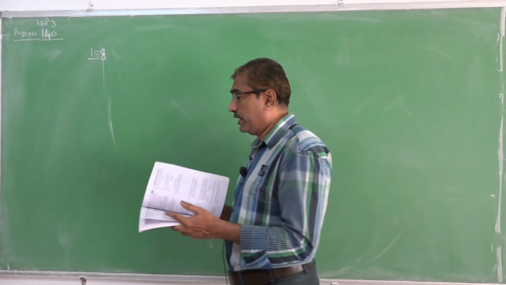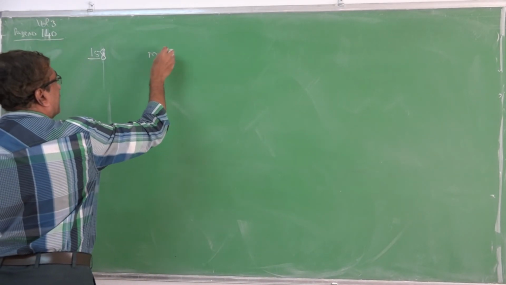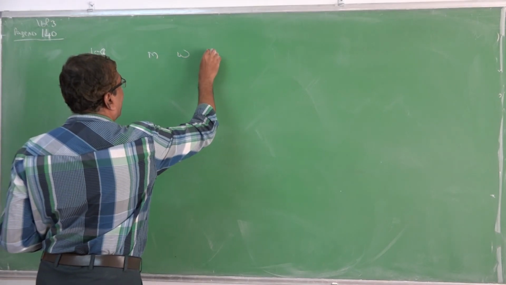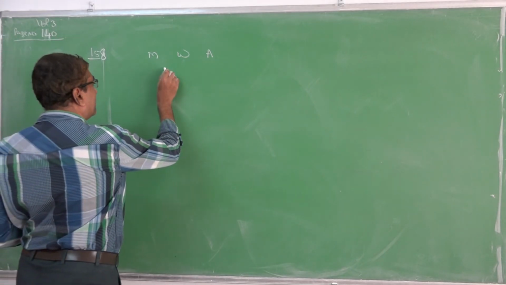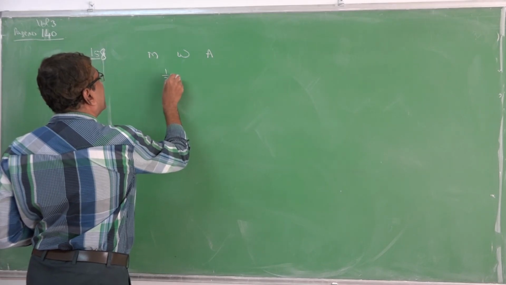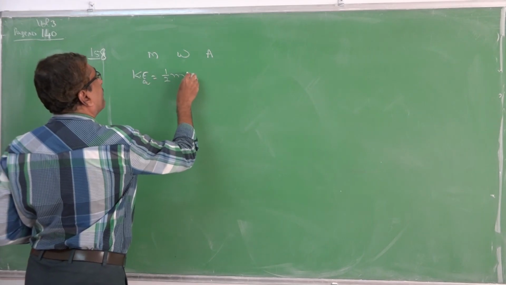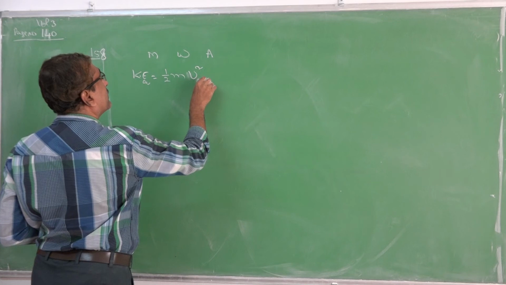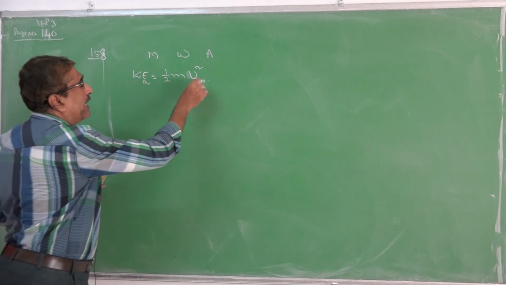So we have to calculate the average kinetic energy of a particle of mass m executing a SHM of angular frequency omega and amplitude A. As we know, the average kinetic energy means half m average velocity square, isn't it? So average kinetic energy is half m average velocity square.